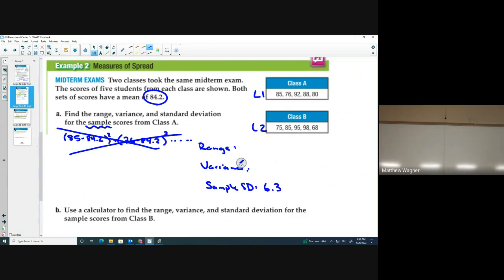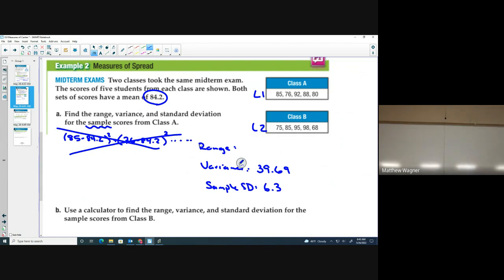You can grab the entire value from your calculator, but if you just want to take 6.3 and square it, that's totally fine. When we square 6.3, we get 39.69.